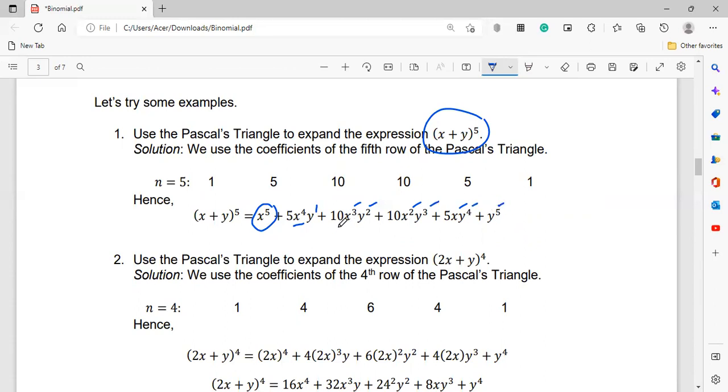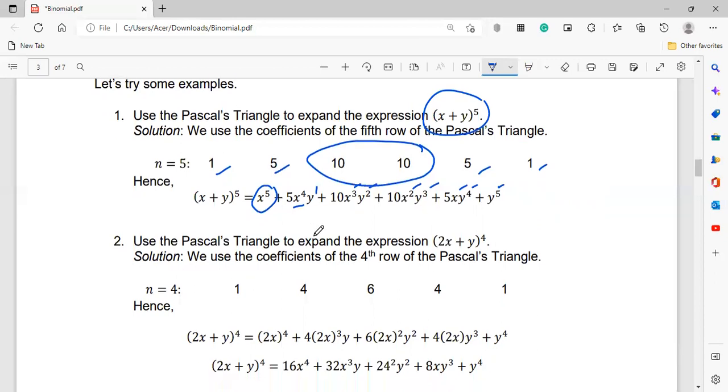Okay? And dun sa Pascal's triangle, when n is 5, we have the two middle terms, 10 and 10. So symmetric, 5 and 5 sa gilid, 1, 1 din sa gilid. Okay, and then ilagay na natin siya as numerical coefficients. So this now is the expanded form.